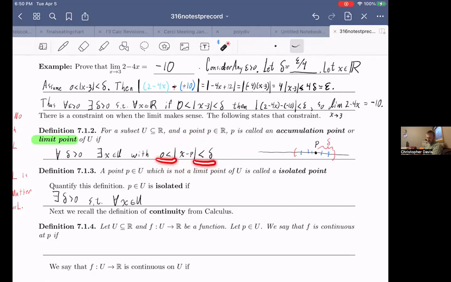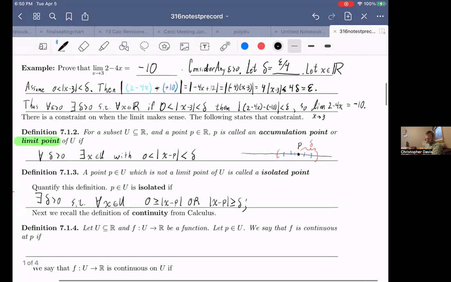This inequality and that inequality, you negate an and, you get an or. And I'll rephrase that again in a second. That's right. This obviously simplifies.